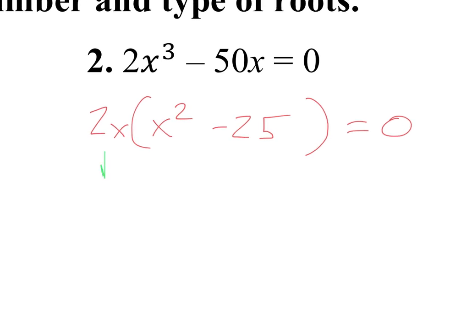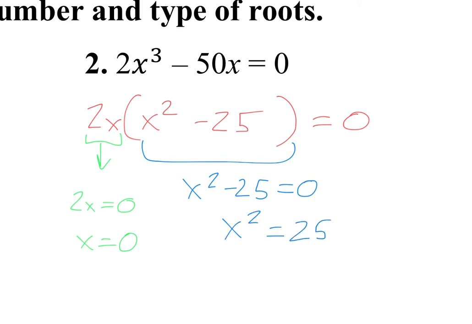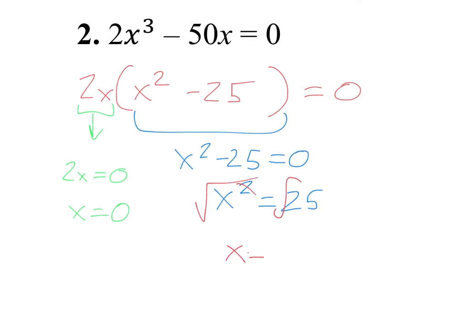Okay, so to solve this piece, I can go ahead and set it equal to 0. If 2x is equal to 0, x is equal to 0. If I set up this piece equal to 0, I can use b is equal to 0 to help me use the square root method, where you get the x squared by itself, and then you square root both sides.